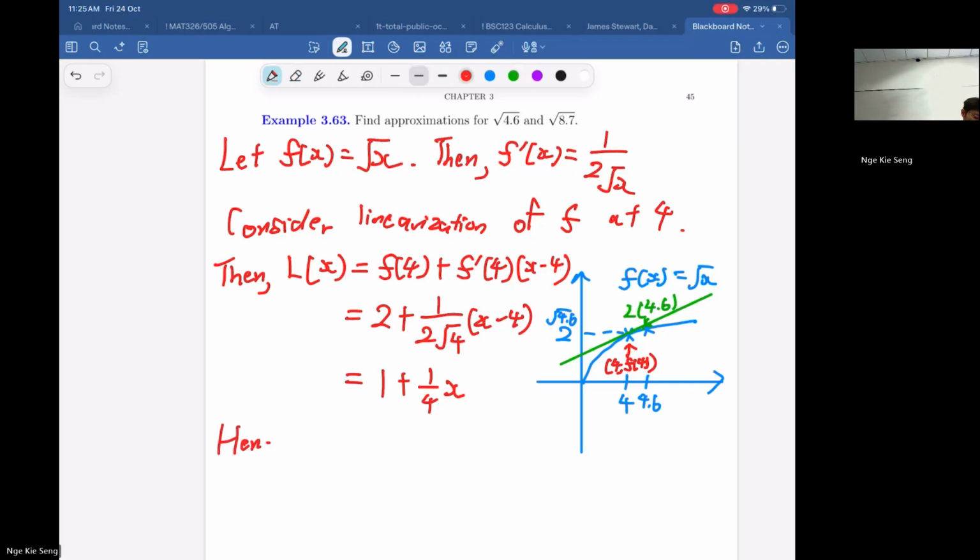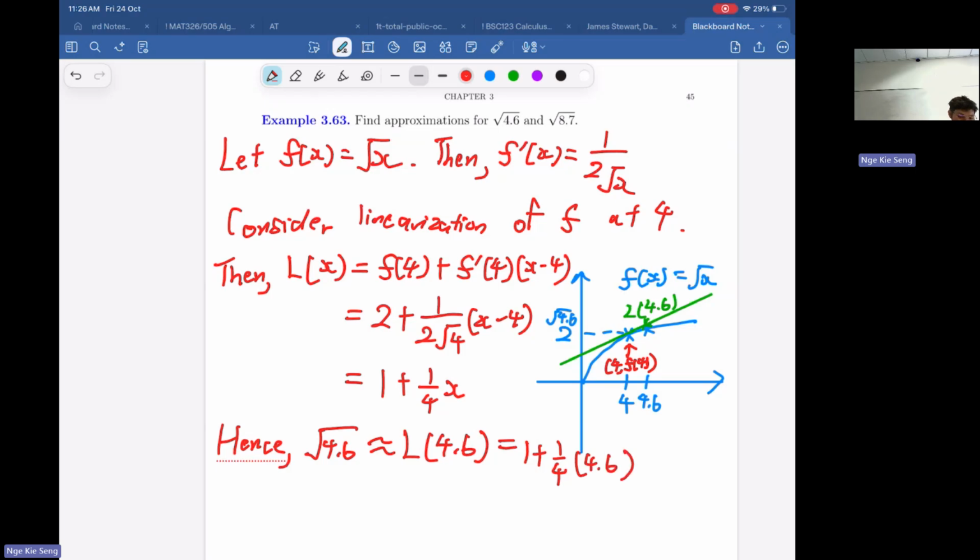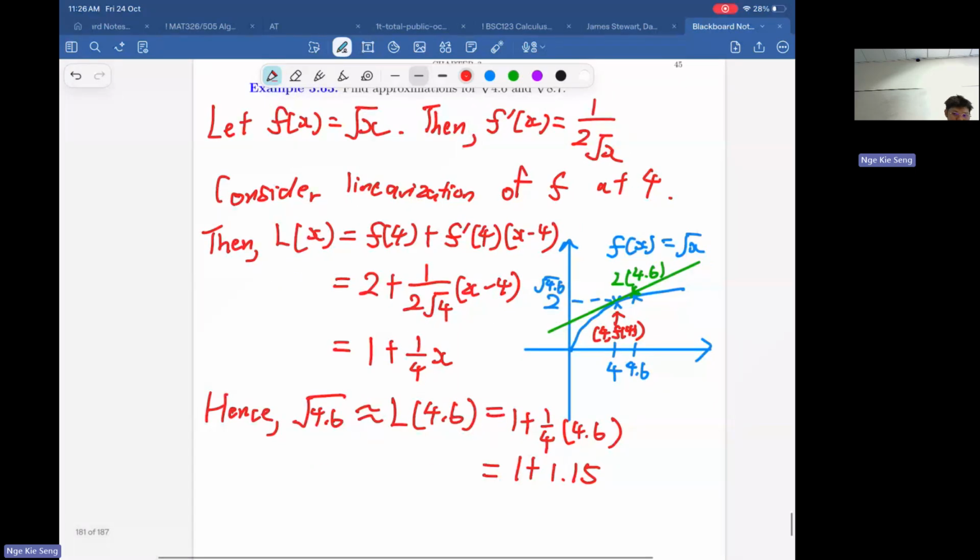Hence, I don't know how to compute square root 4.6, but never mind. I get something very close, which is 1 plus 1 over 4 times 4.6, which is 1 plus 4.6 over 4, which is 2.15.